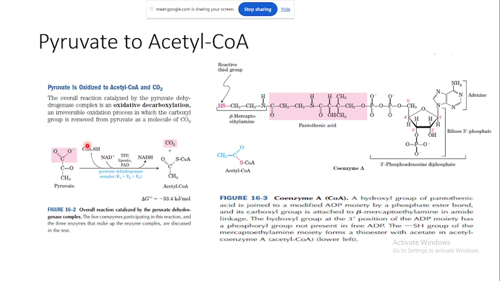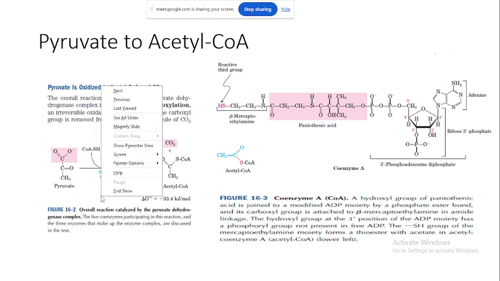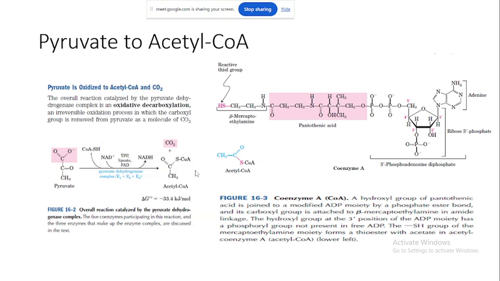and CO2. So this is the pyruvate molecule which we saw in the last session, CH3COCOO minus. Till now it is in the cytosol, right?